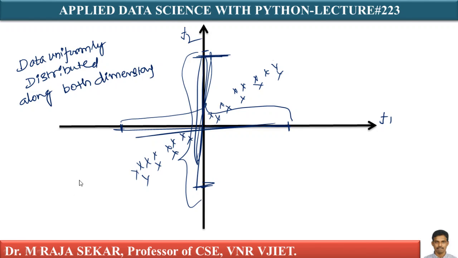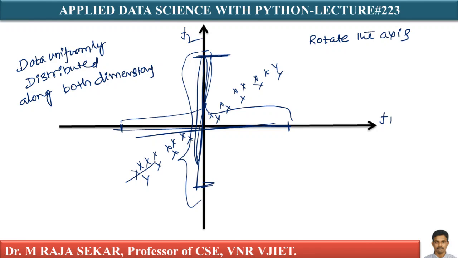In the graph, the data is spread on both dimensions. Then in that case, what do I have to do? I must rotate the axis. How can I rotate the axis?